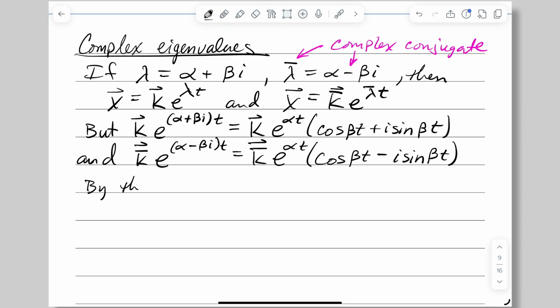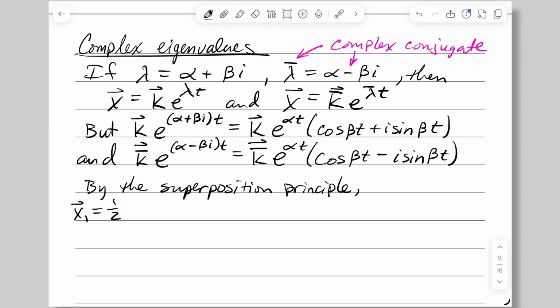By the superposition principle, if we multiply existing solutions by constants and then add them together, we still have a solution. We're going to choose strategic constants to put in front of these solutions. We're going to say that x1 is equal to 1/2 of k e to the lambda t plus k bar e to the lambda bar t.